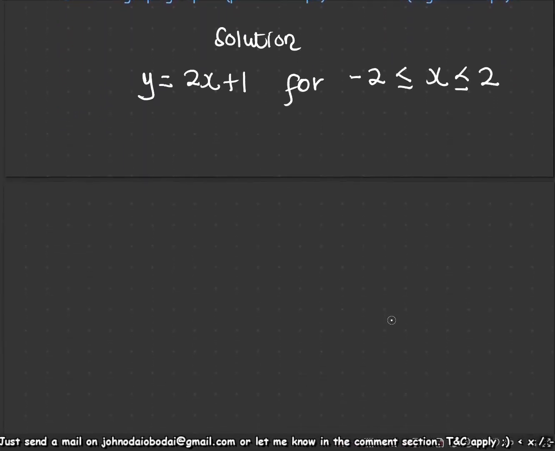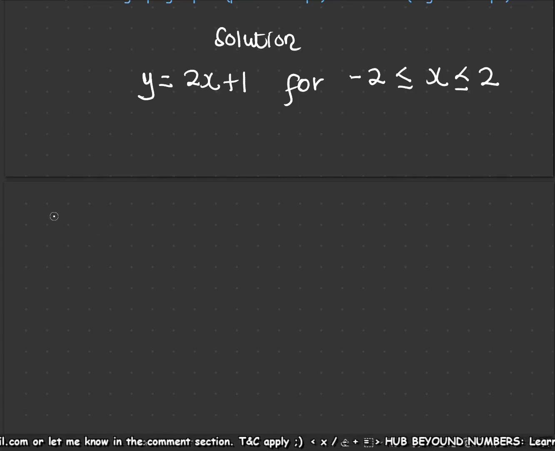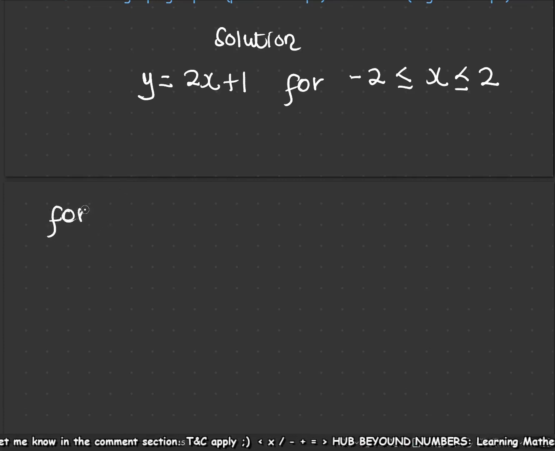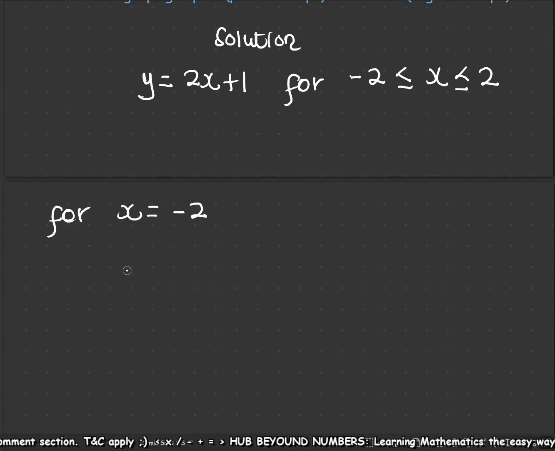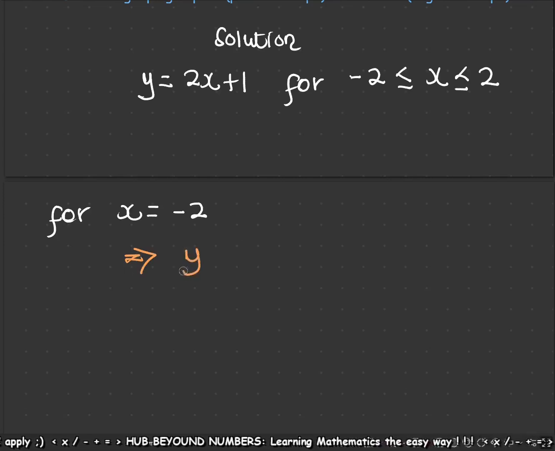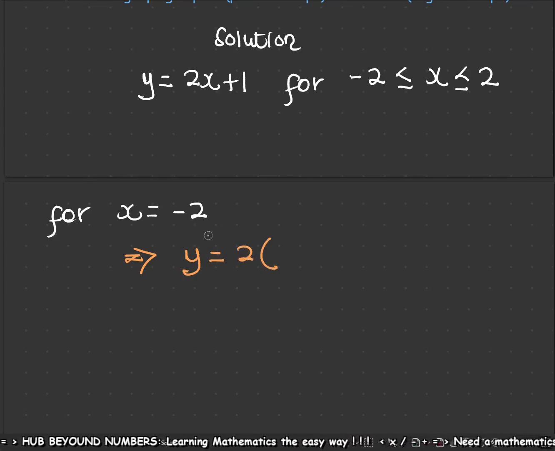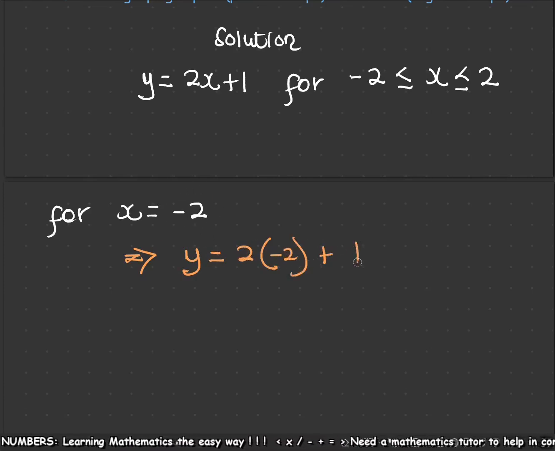What this means is you are going to substitute all the values ranging from -2 towards 2. So we start by saying for x equal to -2, it implies that y is equal to 2 into bracket x, which is -2, then plus 1.